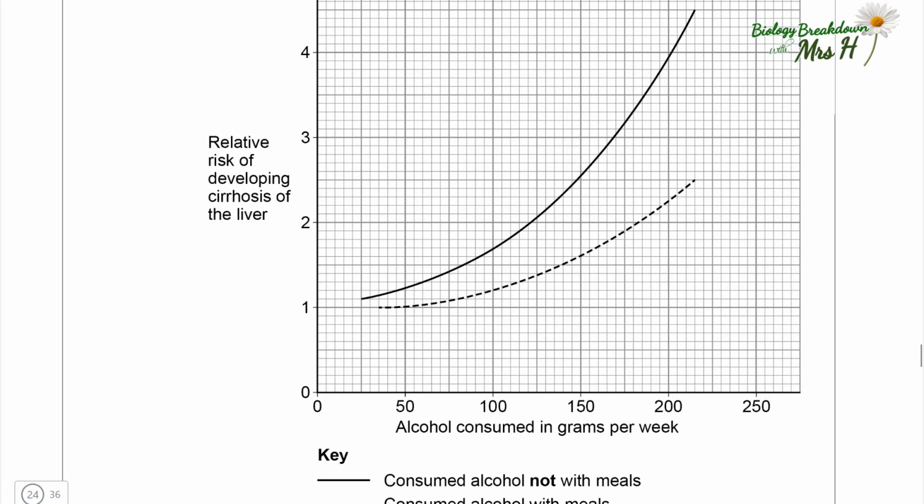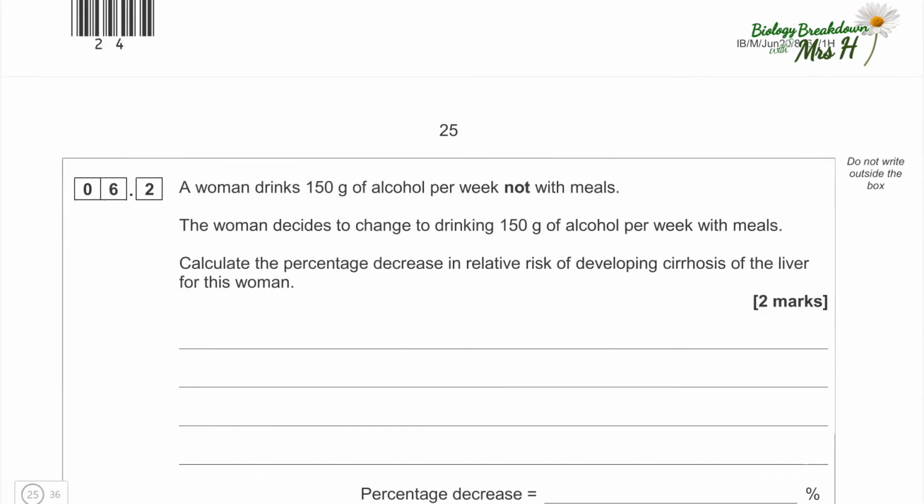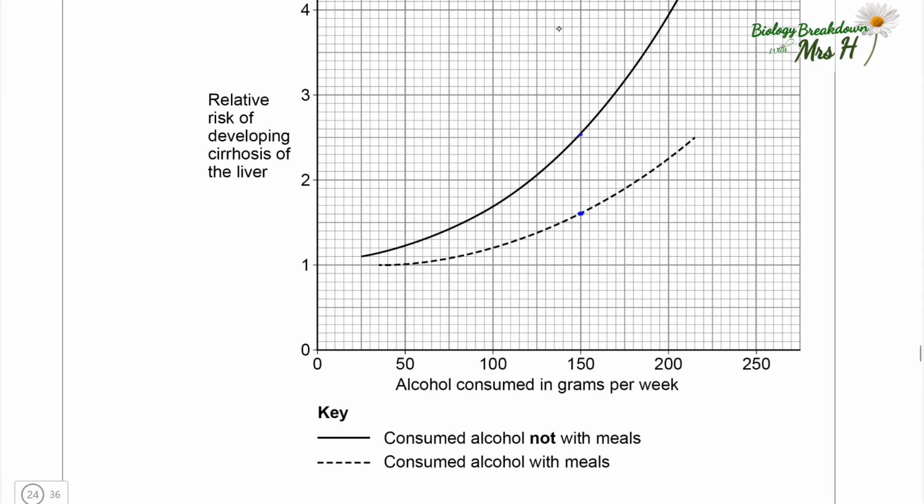We've got our graph here with our key. A woman drinks 150 grams of alcohol per week, not with meals. The woman decides to change to drinking 150 grams of alcohol per week with meals. Calculate the percentage decrease in the relative risk of developing cirrhosis of the liver for this woman. So we need to go to the 2 lines and go to 150 grams per week on the graph.